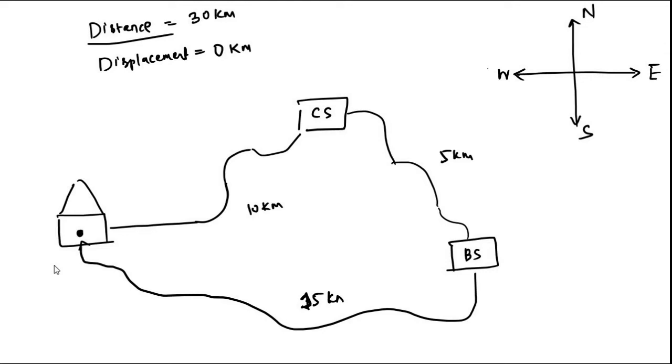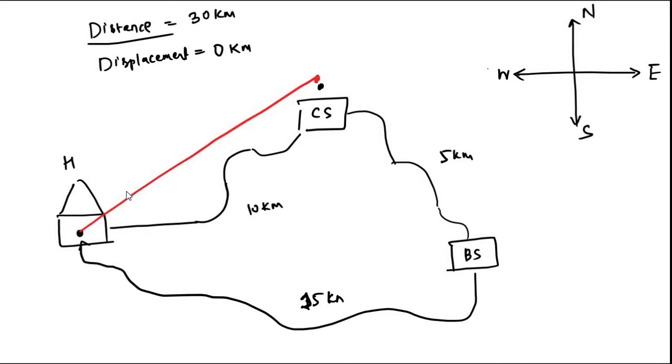So here, if I would say what is the displacement from your house to this coffee shop, we will connect these 2 locations by a straight line, not a curved one, a perfectly straight line.